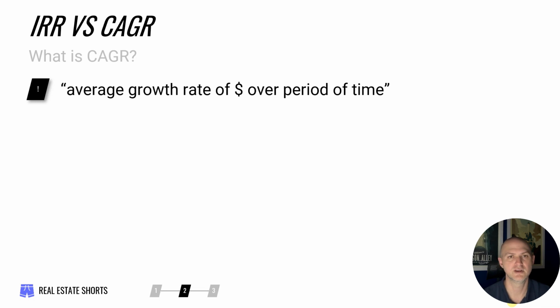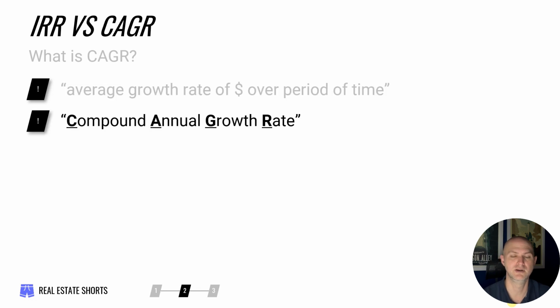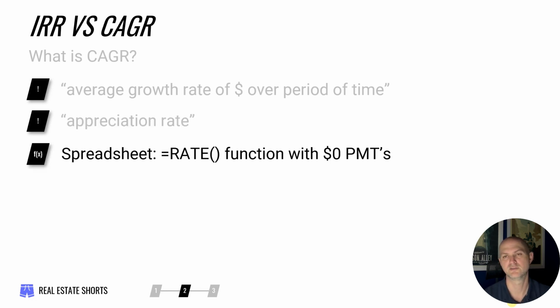So CAGR is the average growth of an investment over a period of time. Now that's a really different distinction to make between the average annual rate of return. In this case, we're really just talking about the growth of a given investment. And that is what this acronym really means, right? It's the compound annual growth rate of an investment. So I think, again, there's two ways for us to think about this.